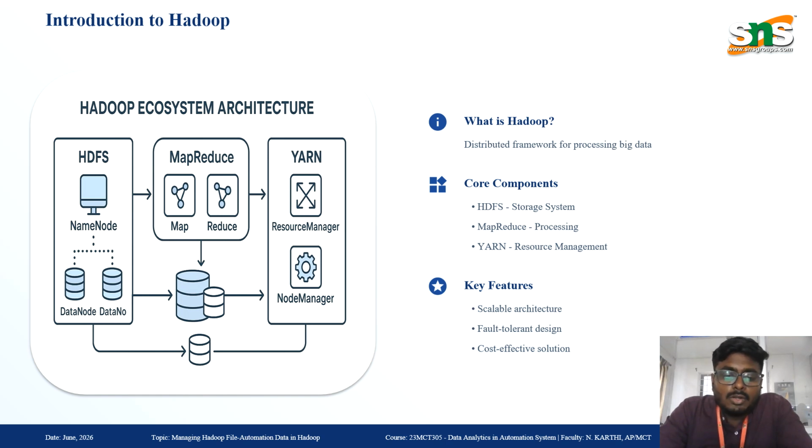What makes Hadoop stand out is that it's scalable. You can keep adding machines as your data grows. And fault tolerant, meaning if one node fails, your data is safe. And because it runs on commodity hardware, it is also cost effective compared to traditional systems.